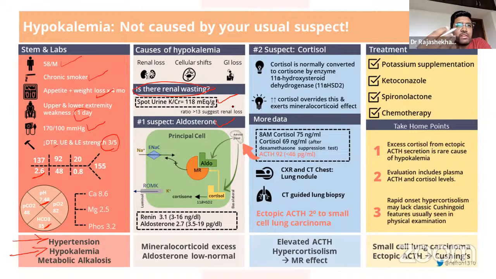To know whether it is primary, secondary, or pseudo hyperaldosteronism, we measured the renin aldosterone ratio. Renin is normal and aldosterone is low. So this is either pseudo hyperaldosteronism, with cortisol acting like aldosterone.